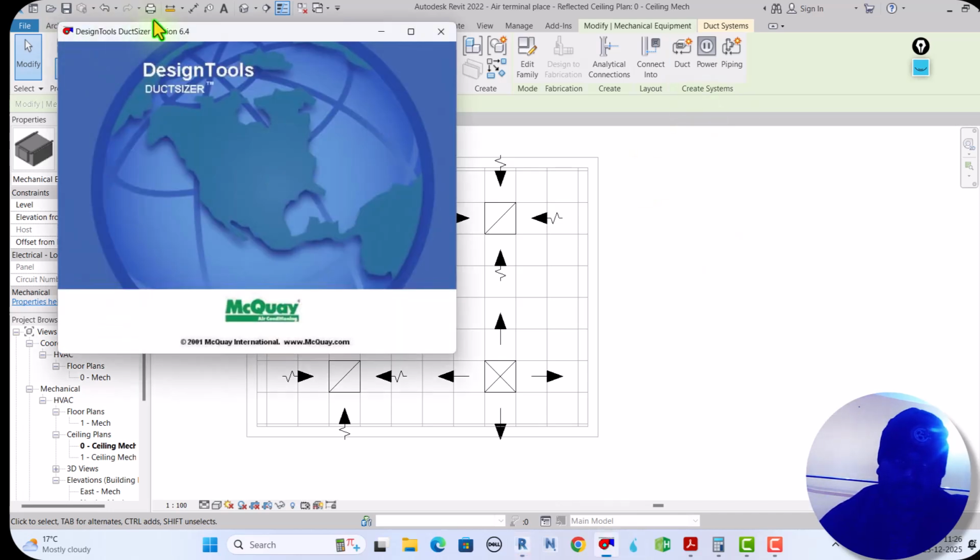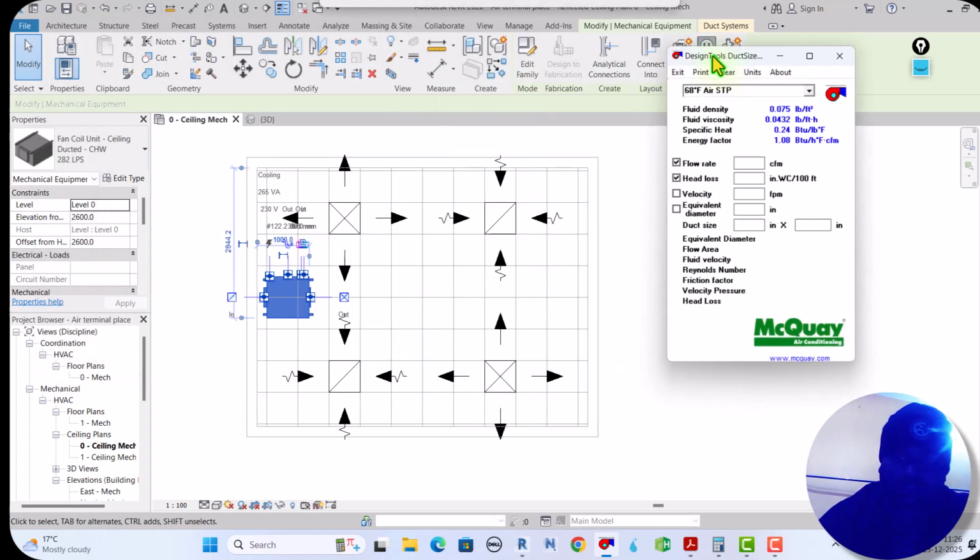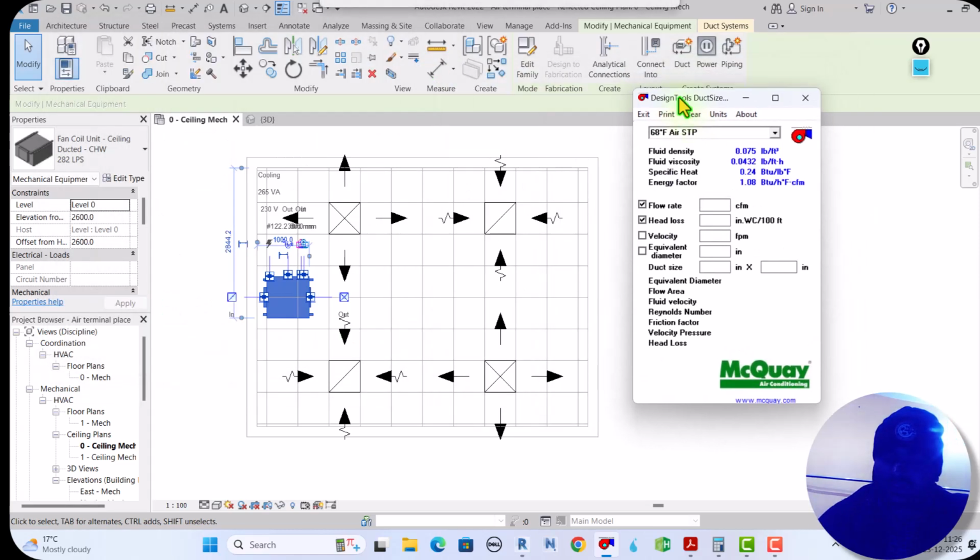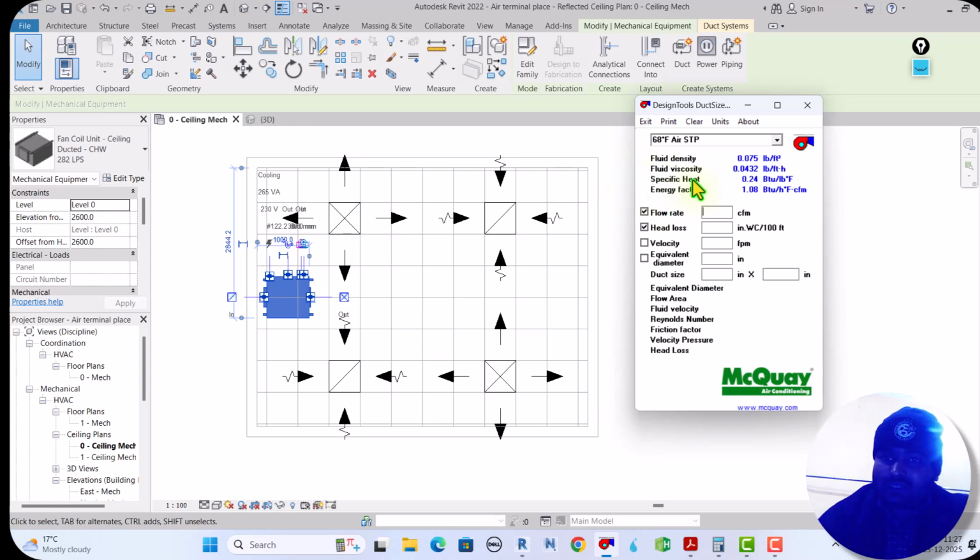This is one software, Duct Sizer. We can size with the help of this software. Also we can size the duct with the help of Revit, but clients don't recommend it. This is a very famous software, Duct Sizer, we use it.